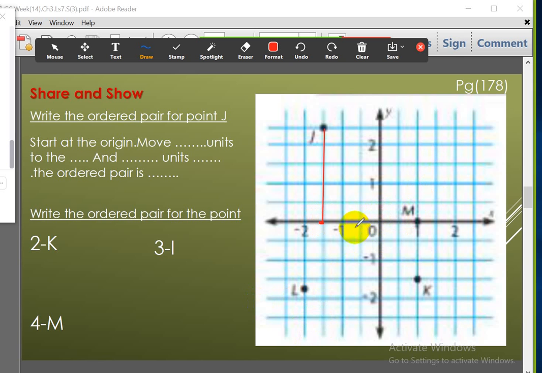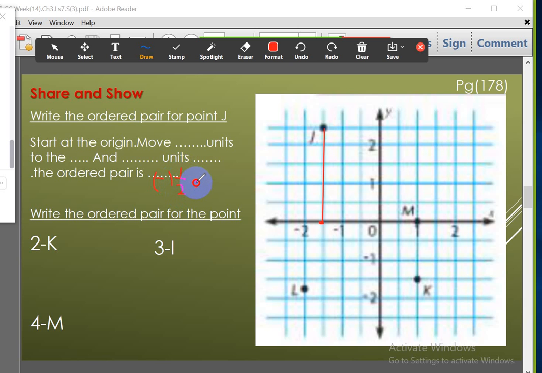Look, the point is on the left side of 0, that means it's negative. Between -1 and -2, in the middle, that means it will be -1 and 1/2. So this is the first coordinate, -1 and 1/2.